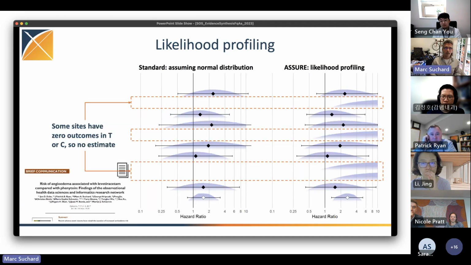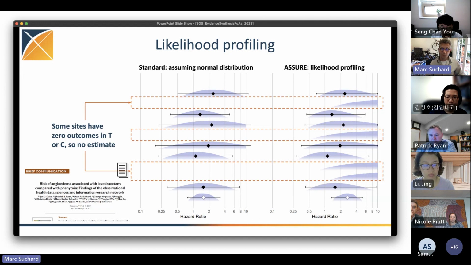So let's return to what those likelihood profiles look like in our initial work looking at angioedema. Remember that we had started with 10 different data sources, right? But 4 of those data sources had monotonic likelihood functions.